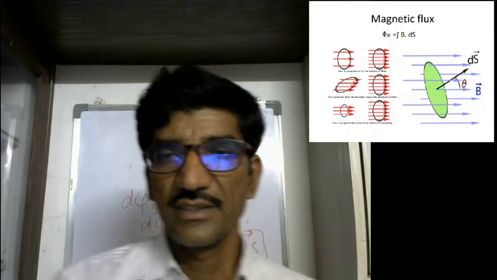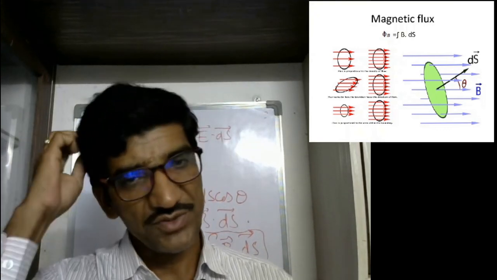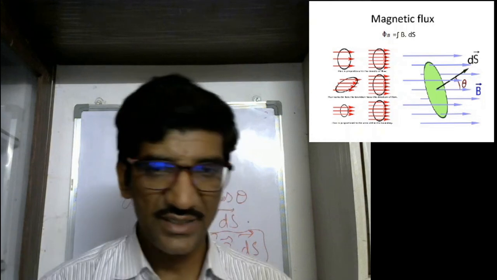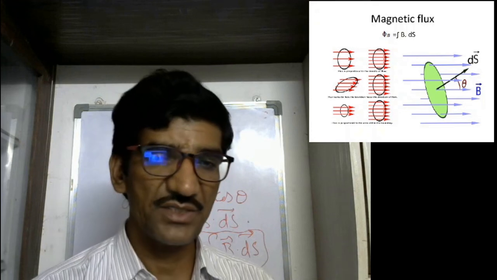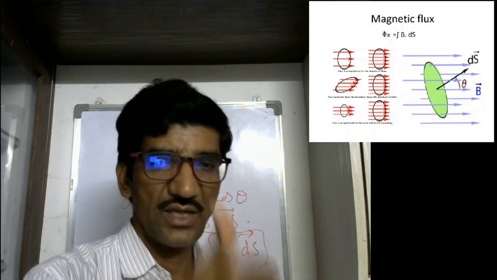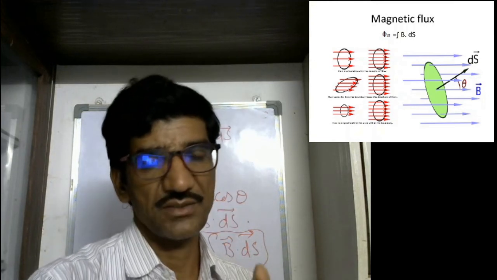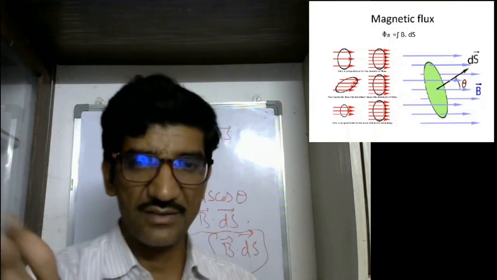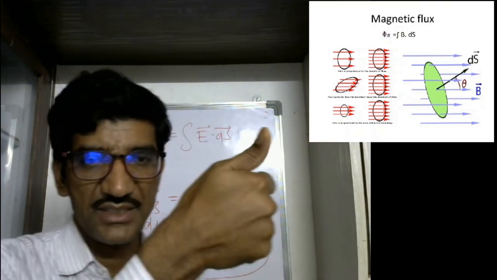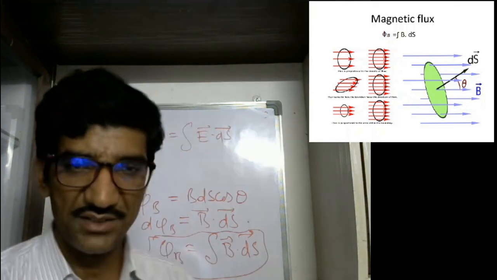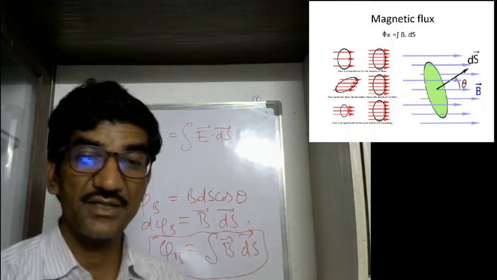Two things here you have to remember. Whenever current is passing through a conductor, how to know the direction of the magnetic field? By using the right hand thumb rule. You just hold the wire with your right hand such that the current is passing in the direction of your thumb. Then the direction of your fingers will show you the direction of the induced magnetic field. That is one thing. How to know the direction of magnetic force?